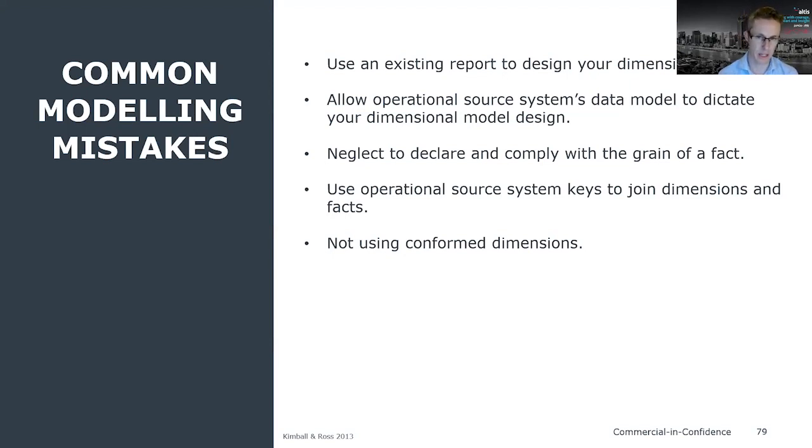Another common mistake is allowing the operational source system's data model to dictate how you define your dimensional model design. Don't let your dimensional model be wedded to your underlying source system. When and if it happens, it probably will happen when you swap out your source system for another one. We've experienced that at multiple universities.